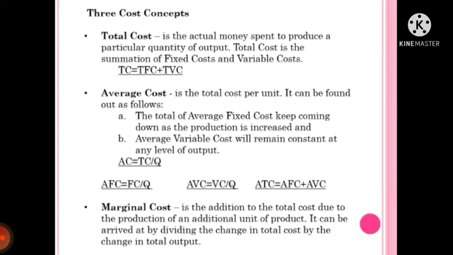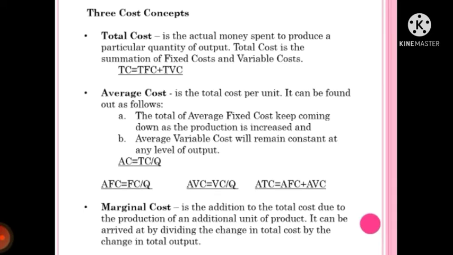To get your average variable cost, the formula is average variable cost equals variable cost divided by quantity. To get the average total cost, the formula is average total cost equals average fixed cost plus average variable costs.